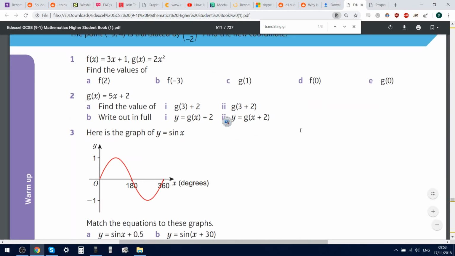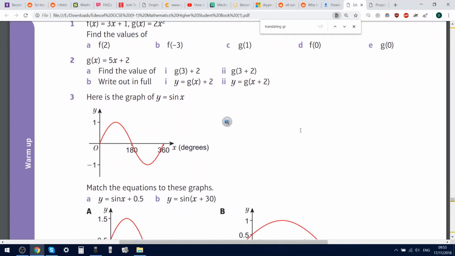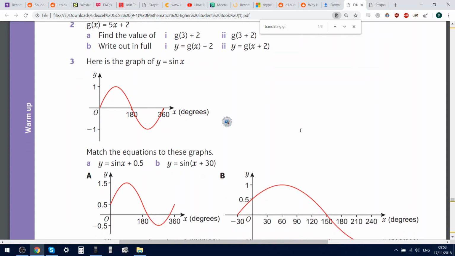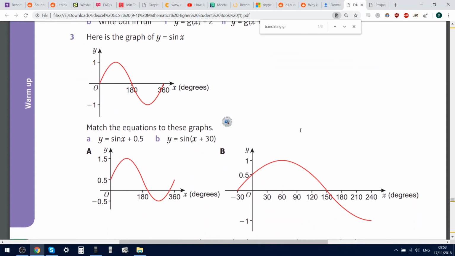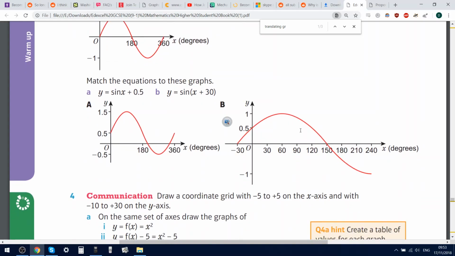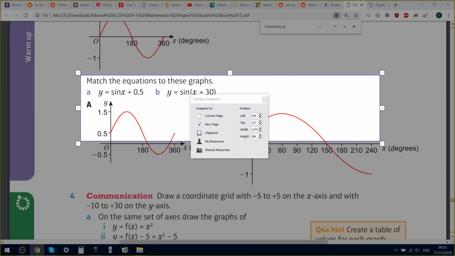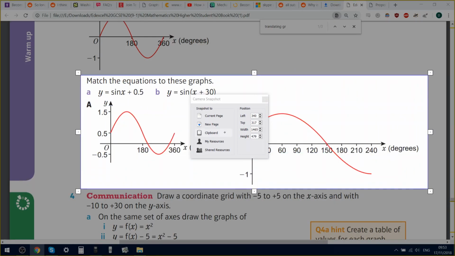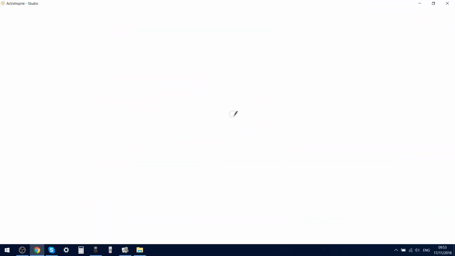Translating graphs, right? Find the value of this. Match these. Okay. So they started with a tricky one. How do you match these up? Which one matches with which, do you think?